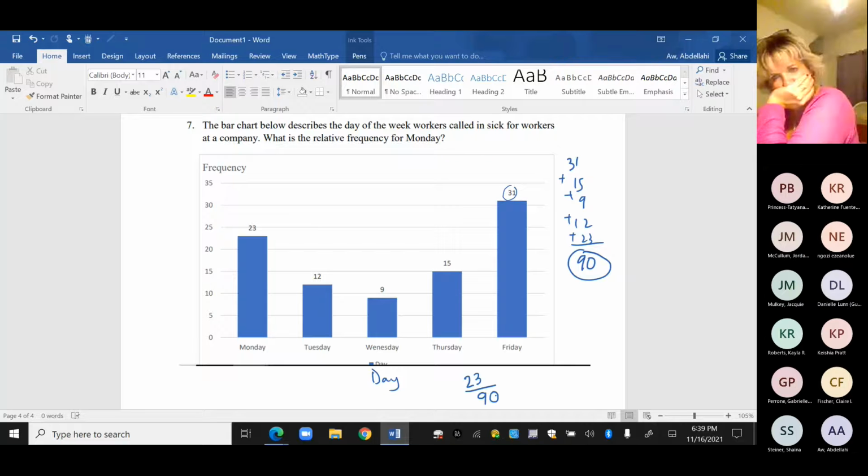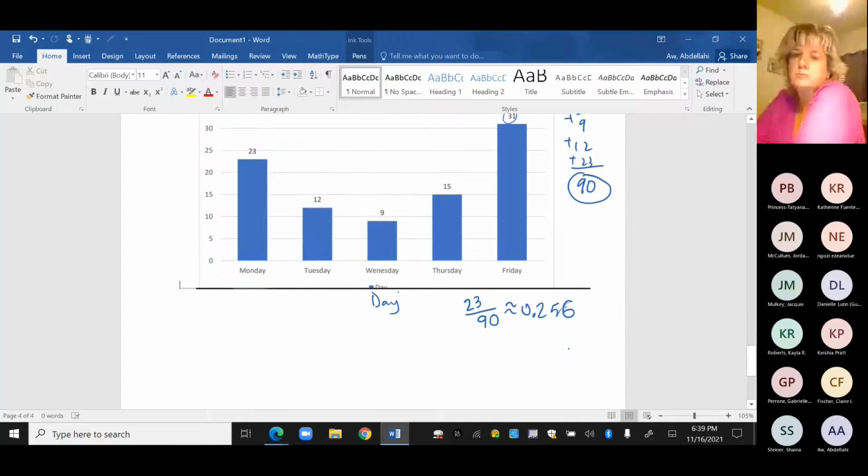You can write the decimal number: 0.25555, you can write it is almost 0.256 when we round up. Or you can give your answer as a percentage, right? You can say about 25.6%.